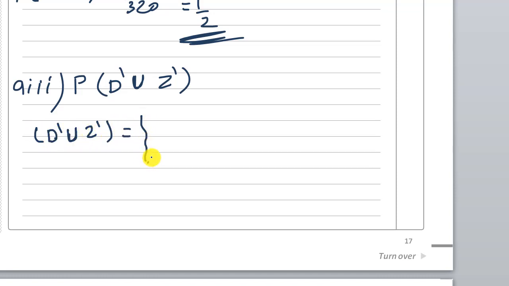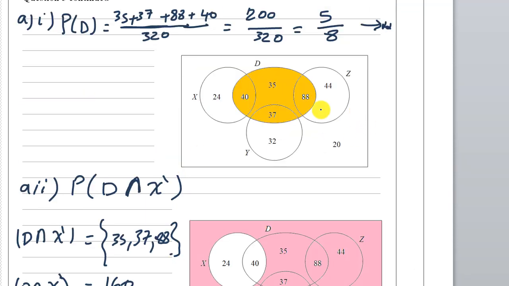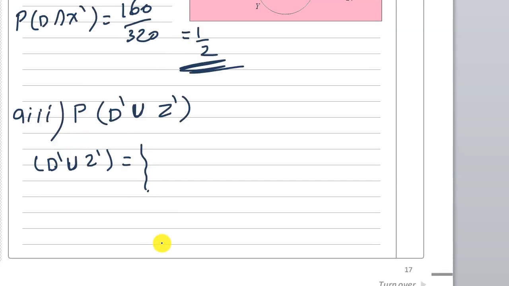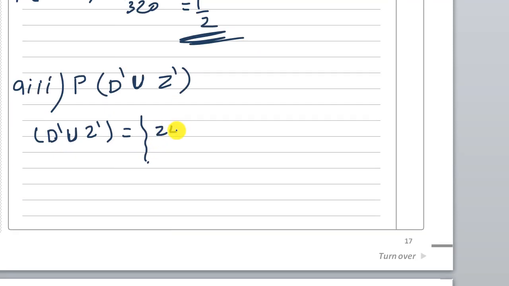So it's equal to, again, here we have 24, 44, 32, and 20. This is our D dash union. Let us find Z dash.